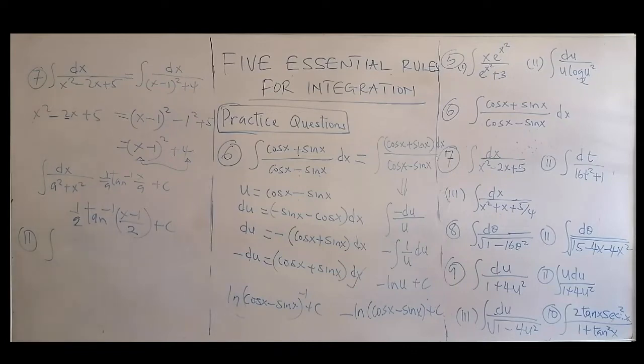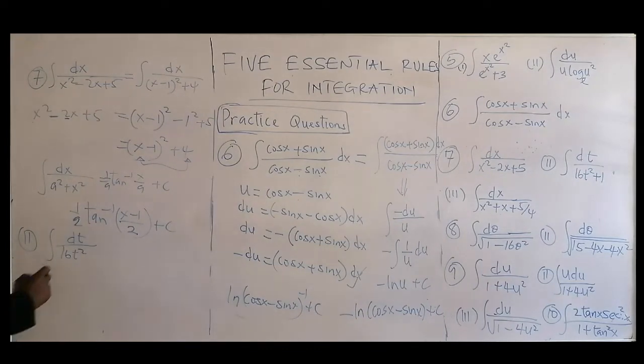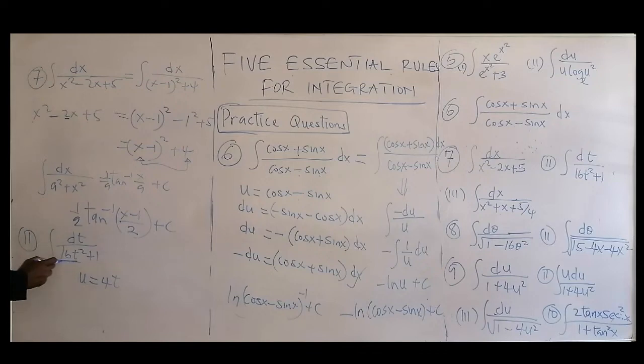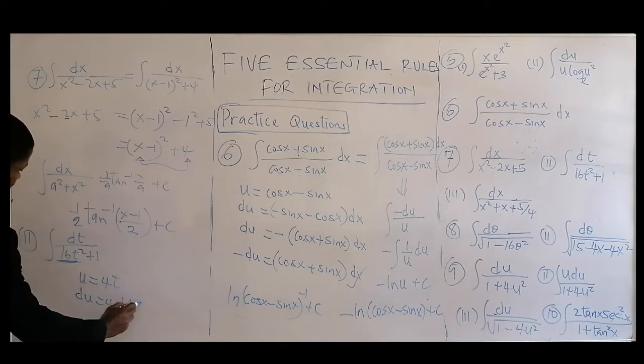Then next question, 72. Integral of dt over 16t squared plus 1. We expect this one to be a multiple, so we can say let u be equal to 4t. Take the derivative of 4t: du is equal to 4 dt.